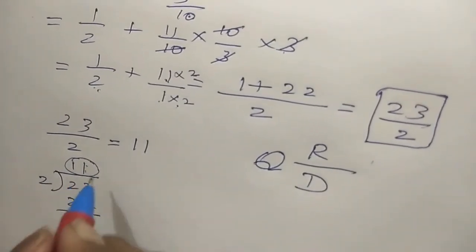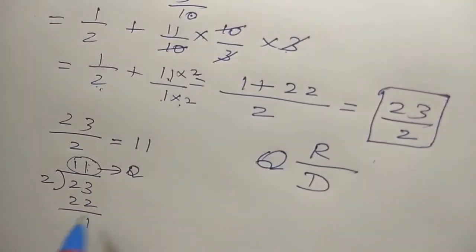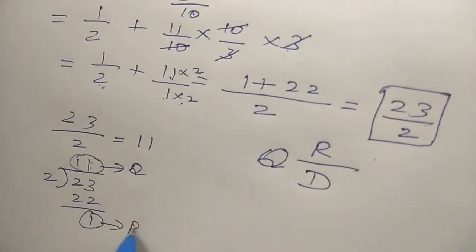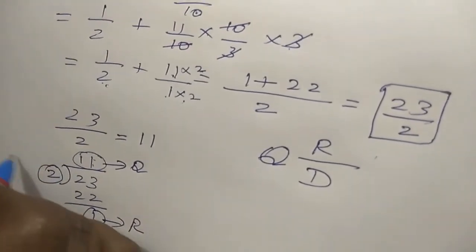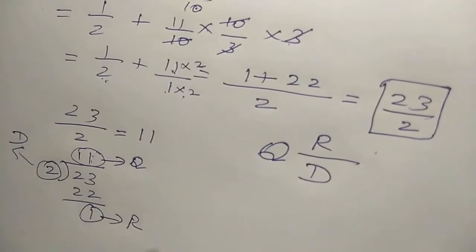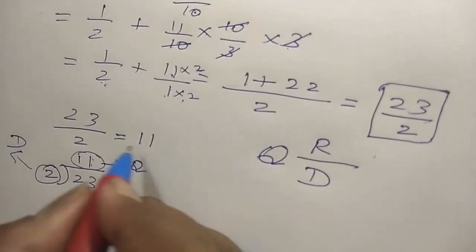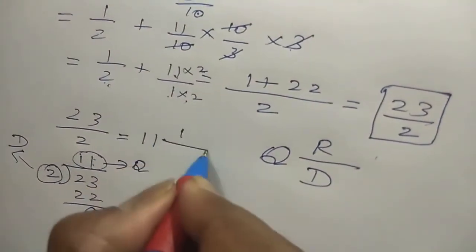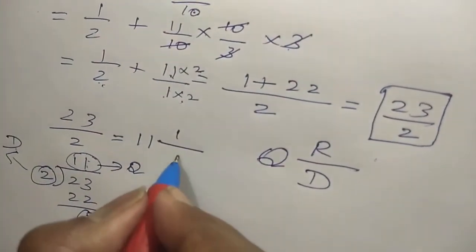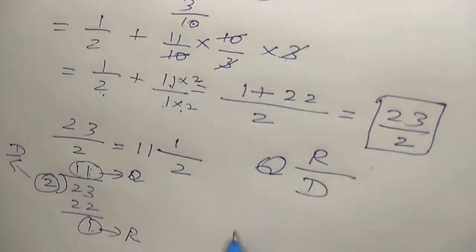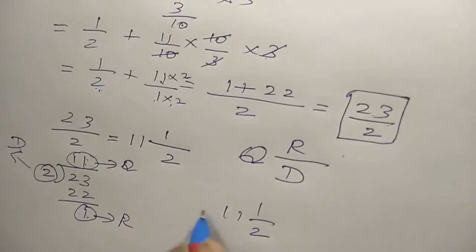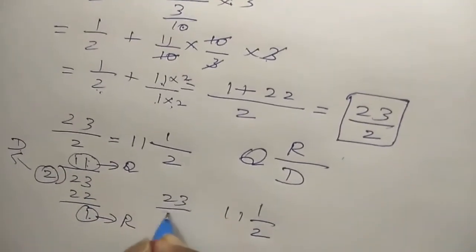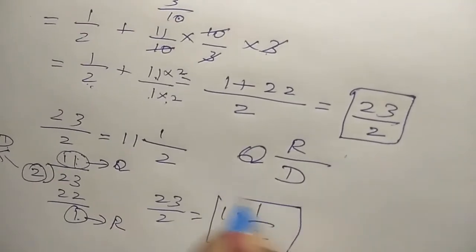This one is called the quotient, this one is called the remainder, and this one is called the divisor. So we write this as 11, the remainder 1 divided by the divisor 2. So we got 11 1 by 2. So 23 by 2, we can write as 11 1 by 2.